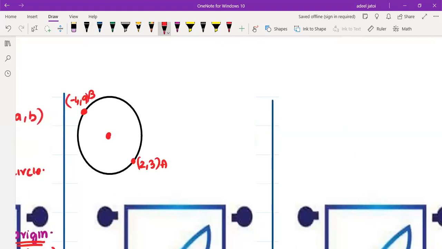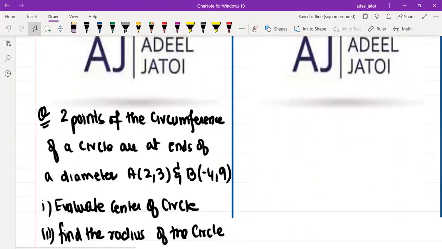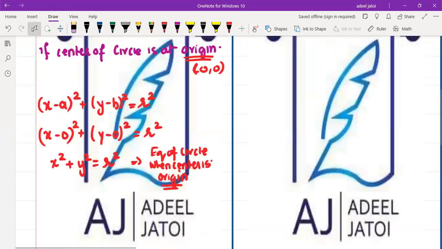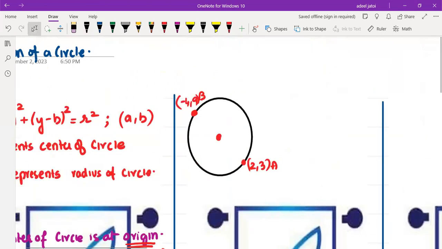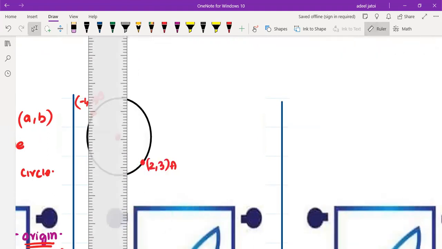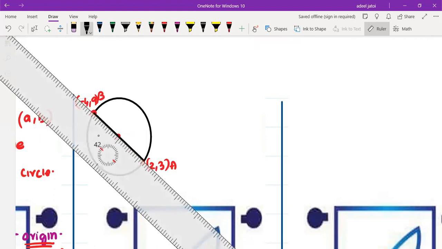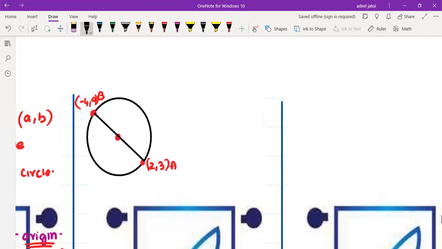Moving further, the question says that we need to find the center of the circle. With two ends of the diameter, we can directly say that this line is a straight line which crosses the center of the circle. When a straight line crosses the center of the circle, that becomes the diameter.